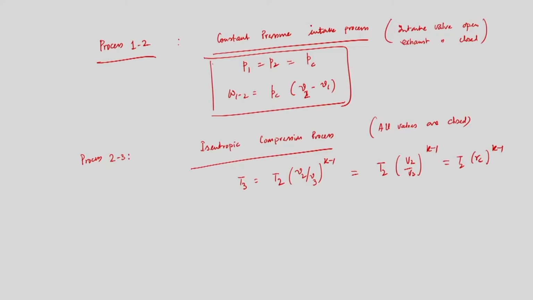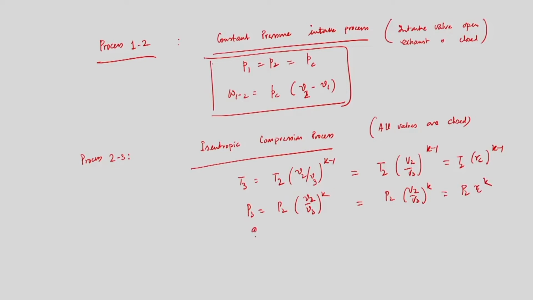Now, the question is, in this process we need to do some work. There is no heat interaction, and P3 is equal to P2 into V2 by V3 to the power k, that is P2 into RC to the power k. This is very important.